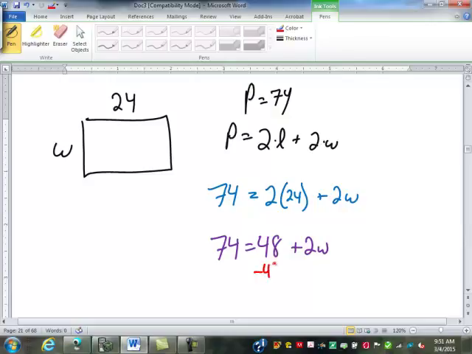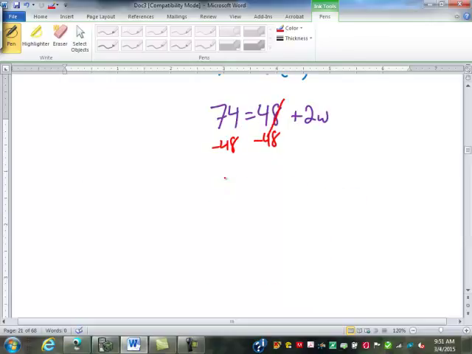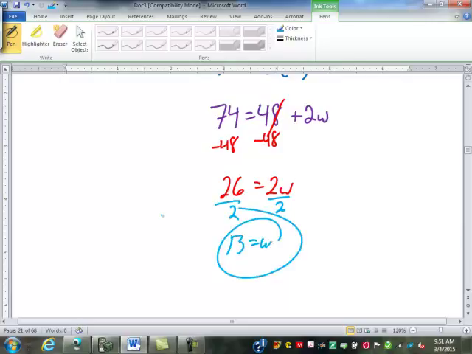We're going to subtract 48, which gives us 26 equals 2W. Divide by 2. 13 equals W. W equals 13.